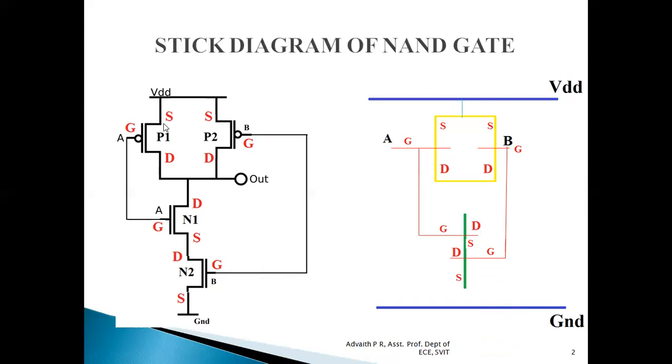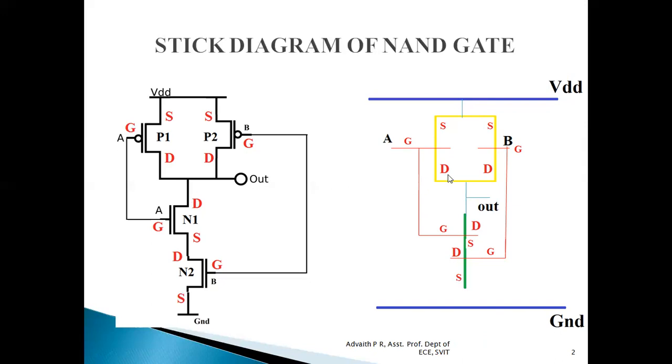The source of P1 is connected to VDD. Similarly, the source of P2 is connected to VDD. The same thing we have done here, by making use of a metal layer. Next, the drain of P1 is connected to the drain of P2, which in turn is connected to the drain of N1, and all these three drains are given as output.